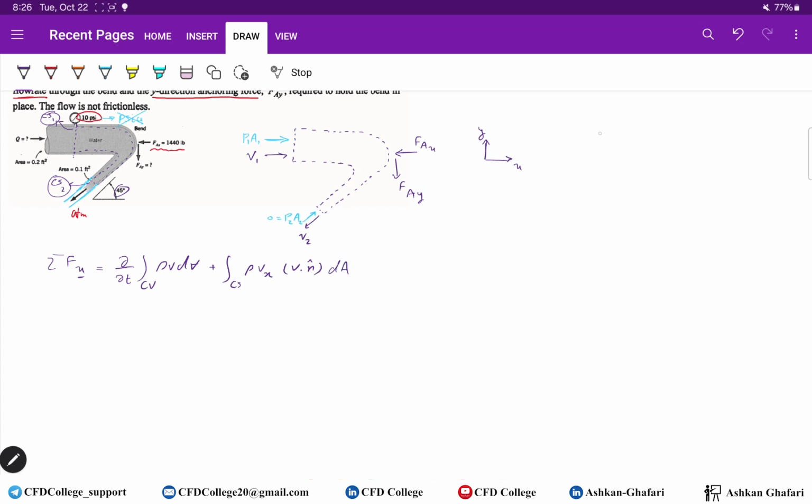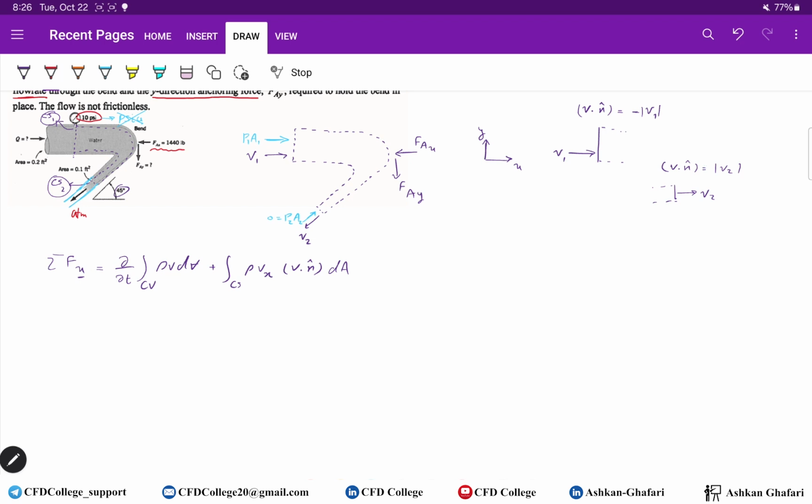As you know, where we have inflow, actually inlet, V dot n equals minus magnitude of V1 for example here, and if you have outflow V2, V dot n equals the magnitude of V2 with positive sign.